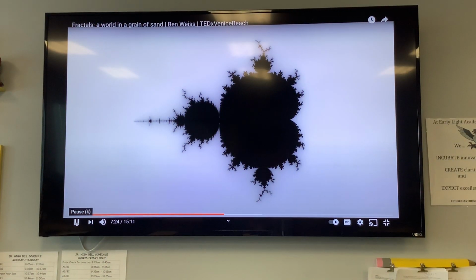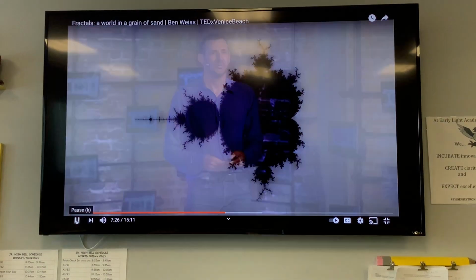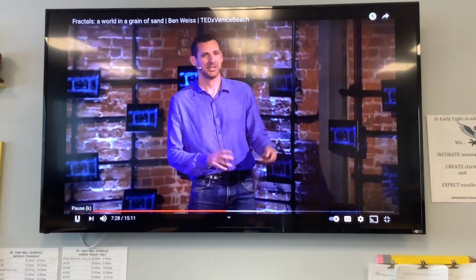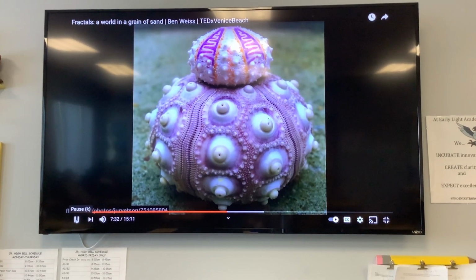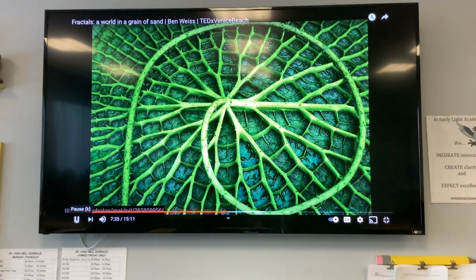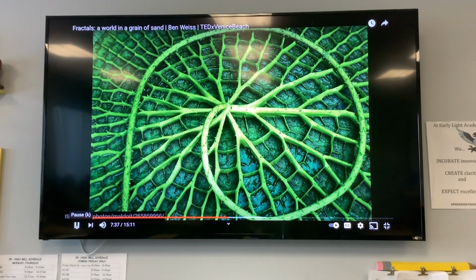Now, the Mandelbrot set is very beautiful all by itself, but when you look at natural fractal shapes that occur in the real world, they have color and shading and lighting and texture, and I wanted to bring that into the images that I was creating.